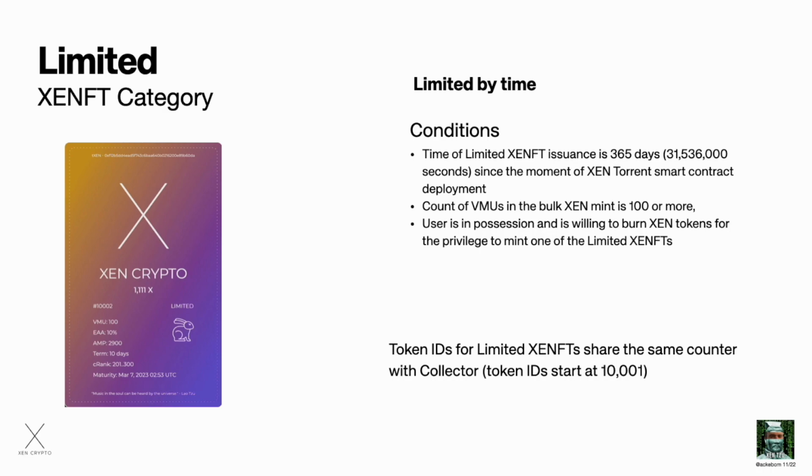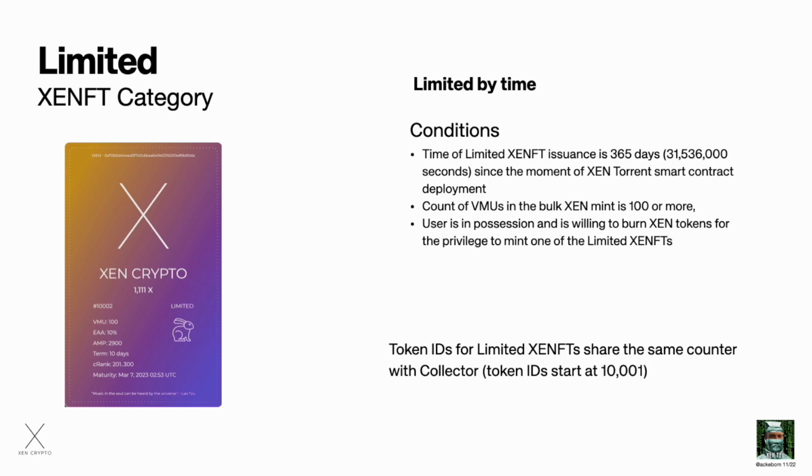The count of VMUs needs to be 100 or more for the Ethereum network, and you also need to burn Xen in order to issue one. Exactly how much you need to burn is not defined yet, and it will of course differ for each network. However, the burn amount for a Limited XENFT will be less than the amount required by the lowest class in the Apex category.